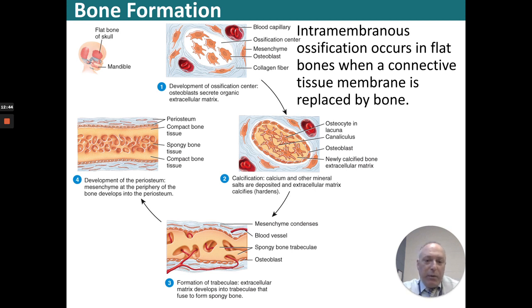And you can see the lacuna where the osteocytes are residing, and then osteoblasts on the outside, which are secreting their matrix. Then the formation of trabeculae, the extracellular matrix. This forms and is followed by the development of the periosteum at the periphery. So this is a formation of flat bones from the different membranes surrounding the bone.